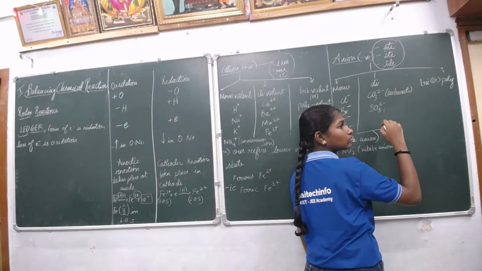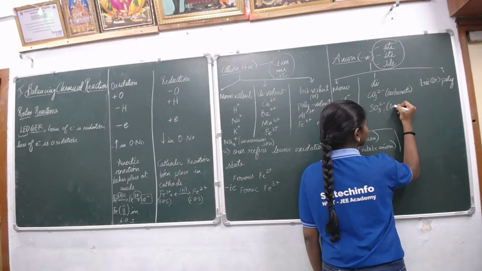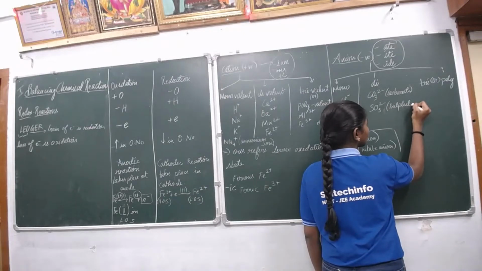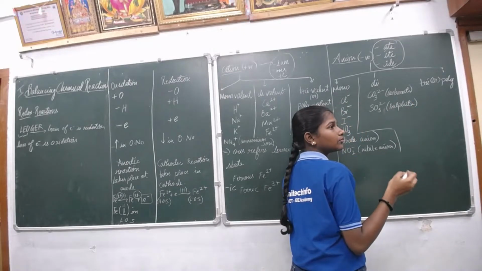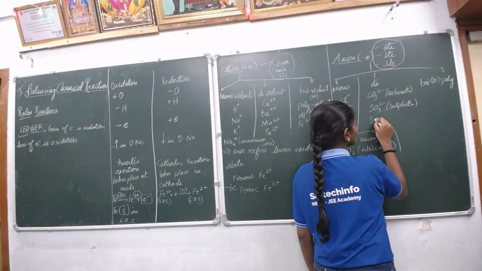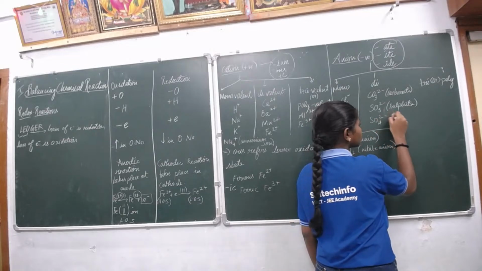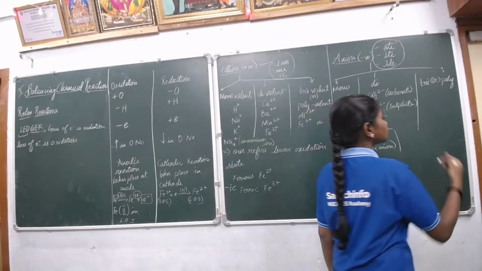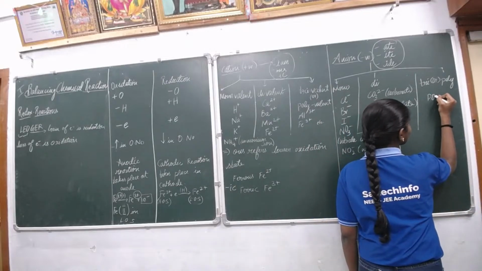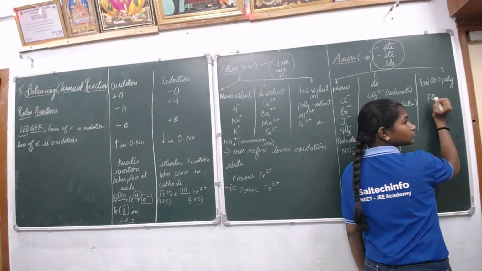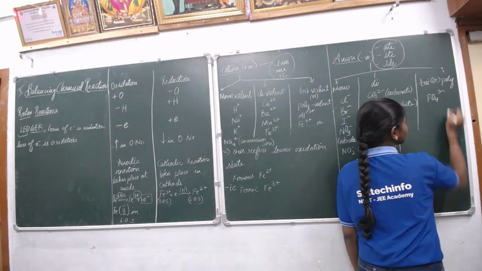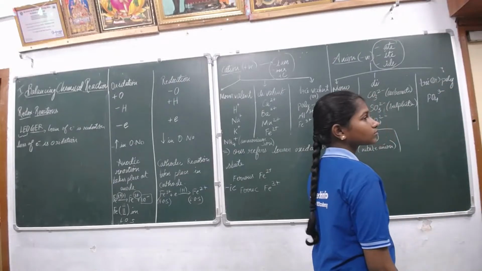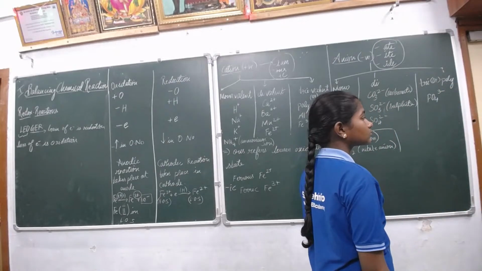And polyvalent, the best example is PO4 3 minus, phosphate. In fact, this phosphate is very popular among phosphating industries.